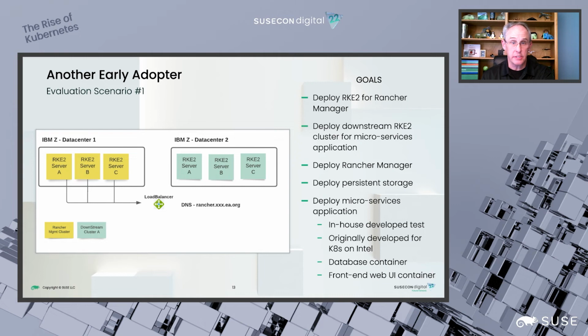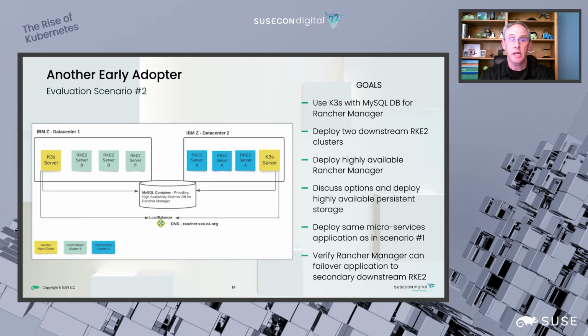It was originally developed for Kubernetes on Intel. The application consists of a couple of different containers. One is a database container, which is what needed the persistent storage, as well as a front-end web UI. So basically, to sum it up, this was a relatively easy scenario and has been successfully deployed and tested by the customer. Now let's jump to the second scenario, which we're in the middle of working on right now.